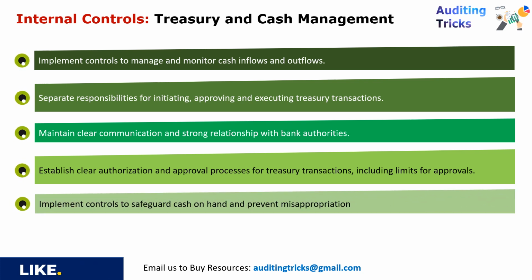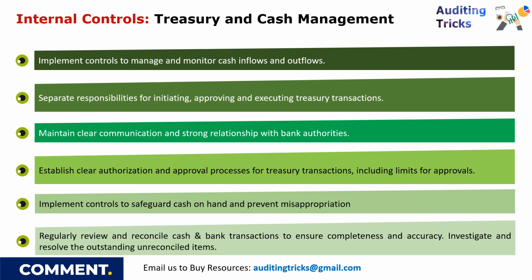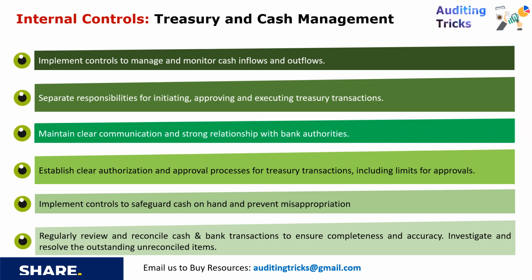We should implement controls to safeguard the cash in hand and to prevent any kind of misappropriation. We should regularly review and reconcile cash and bank transactions, which will ensure the completeness and accuracy of them. Also, we should investigate and resolve if there are any outstanding unreconciled items.